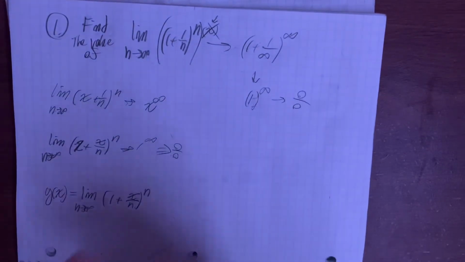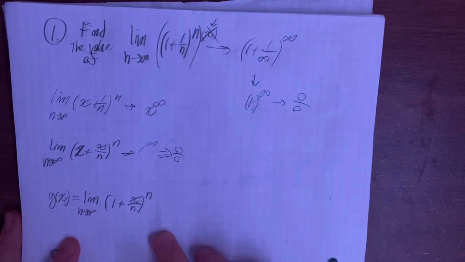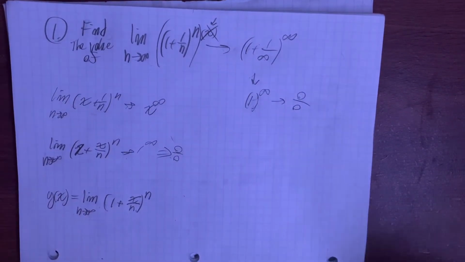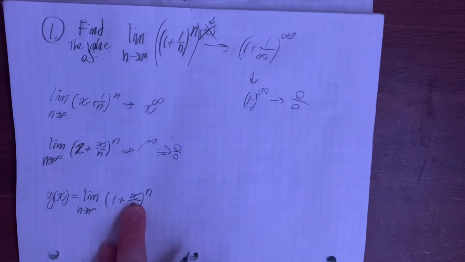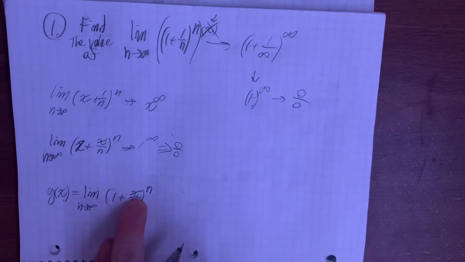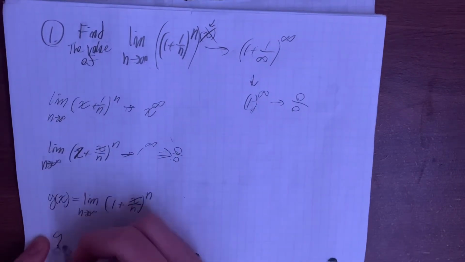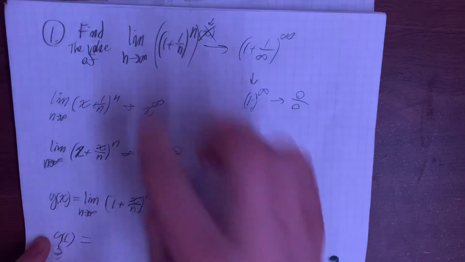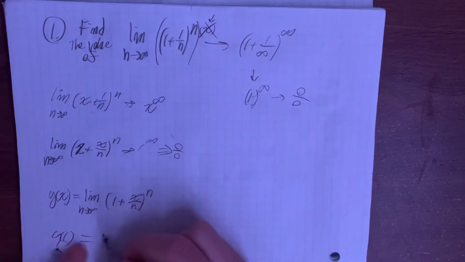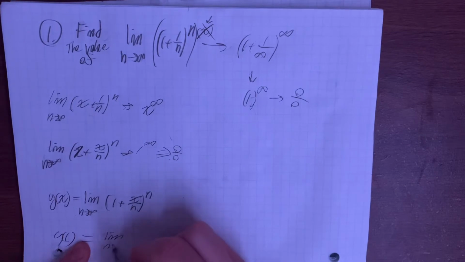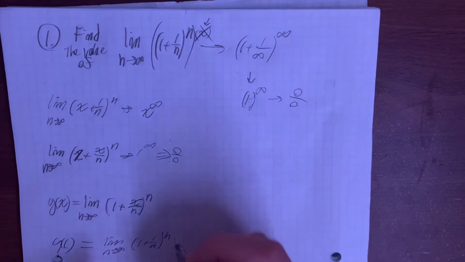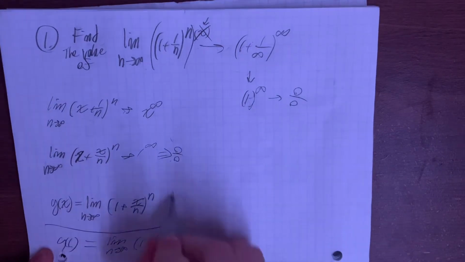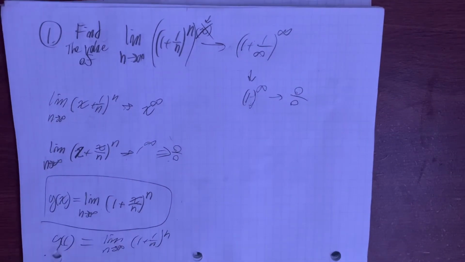If we can evaluate this as a function and find some properties of it, it might be useful, because plugging in x equals 1, y of 1 will give us the value of the original question. So this is the question we have to solve.